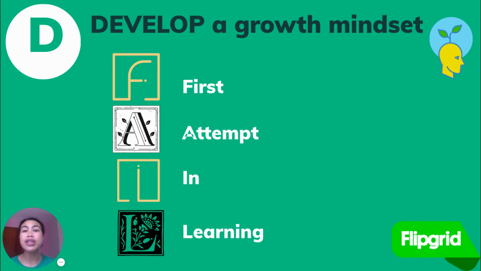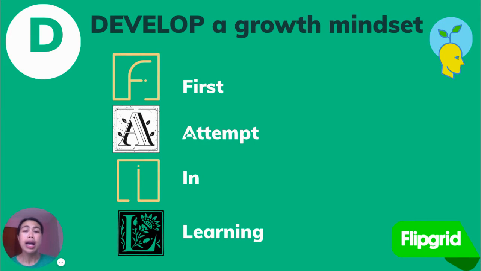The last letter of the word Flipgrid is letter D, which I think is also important, especially in this setup, the distance learning. Develop a growth mindset. Why growth mindset?